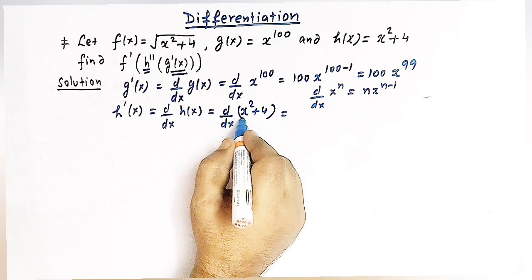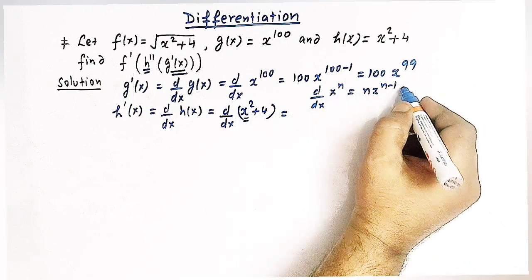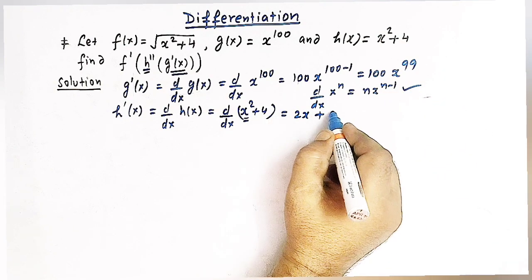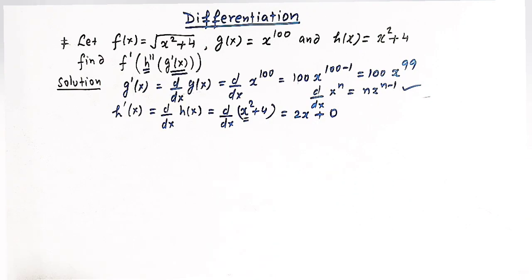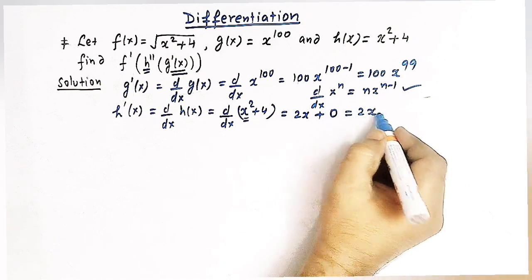The derivative of x square is 2x, and the derivative of 4 is 0 because 4 is a constant, and the derivative of a constant is 0. So here we have simply 2x.